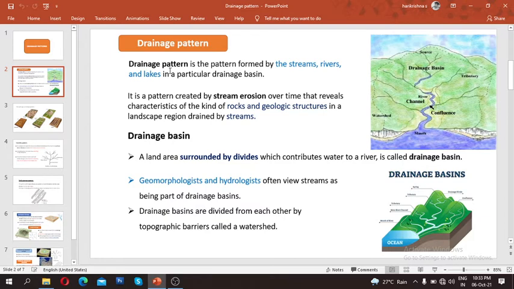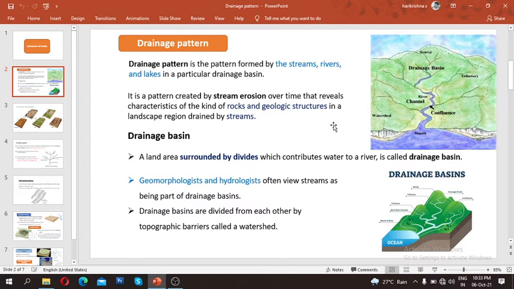So this is the basic introduction and the basic definition of a drainage pattern. Now we should know what is a drainage basin. Here in the first image, you can see dotted lines. This is what we call a drainage basin. How can we call this a drainage basin?